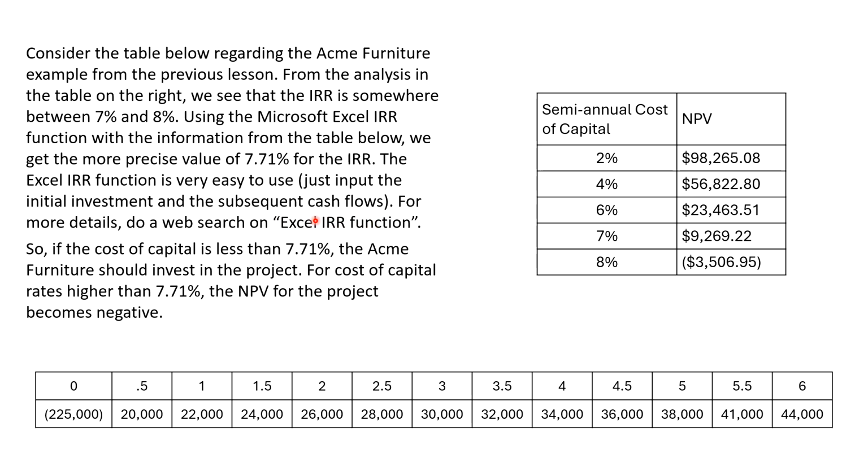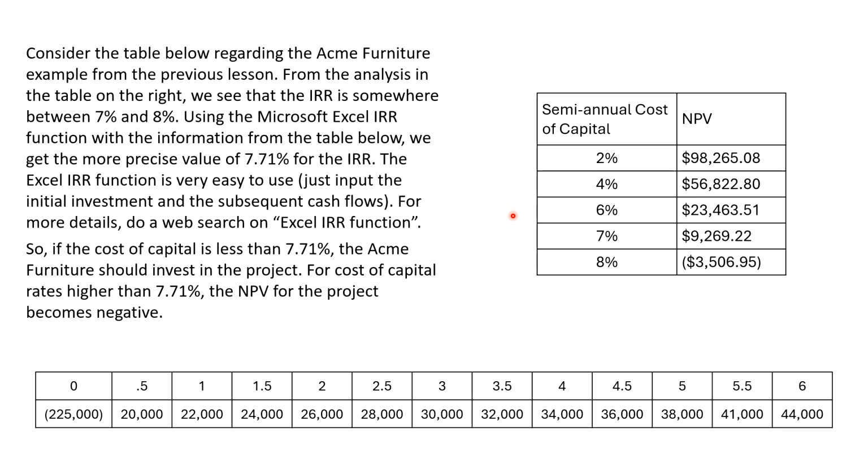function from Microsoft Excel. So if the cost of capital is less than 7.71%, the Acme Furniture Company should invest in the project. If it's higher, they should not invest in the project. And again, it all depends on what Alice and Bob, the owners of this company, think the equivalent risk is.